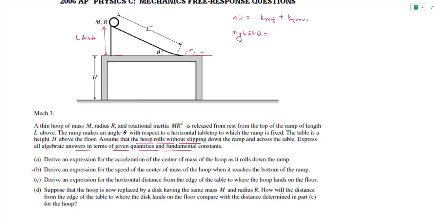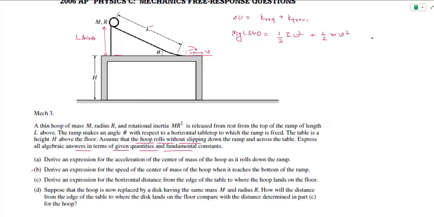By the time it reaches here, suppose it has gained a velocity v. The rotational kinetic energy we can write as half I omega square, because it will roll, so it will attain a certain angular velocity omega also, plus translational kinetic energy, that is half mv square.